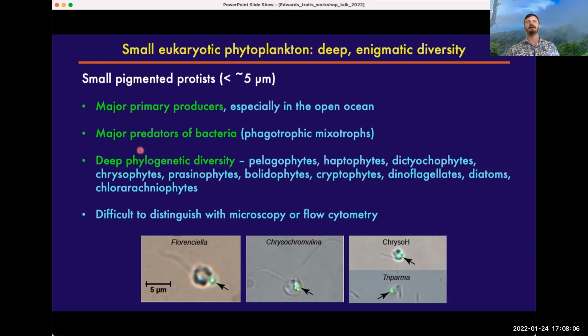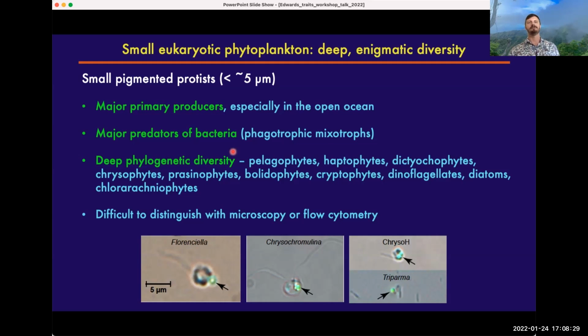We also know that they can be major predators of bacteria. That means that at least some of them are phagotrophic mixotrophs, so doing photosynthesis, but also ingesting prey. Another thing that I've always found really intriguing about these small eukaryotes is that they have this really deep phylogenetic diversity.